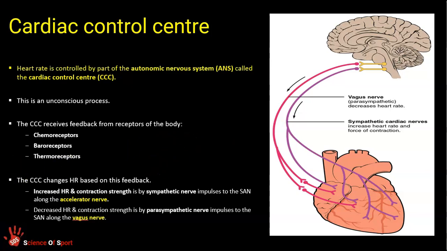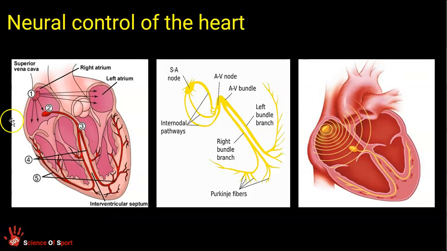So in this video, we've covered primarily the conduction system of the heart, which is your neural control of the cardiac cycle. How do we make the atria contract and the ventricles contract? Through impulses spreading through the atria and then eventually up the ventricles. That's the conduction system of the heart, the neural control of the cardiac cycle.